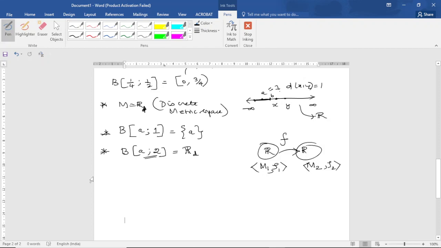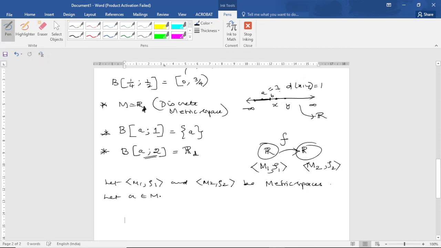Before that, we'll just give some preliminaries. Let M1 with rho 1 and M2 with rho 2 be metric spaces.